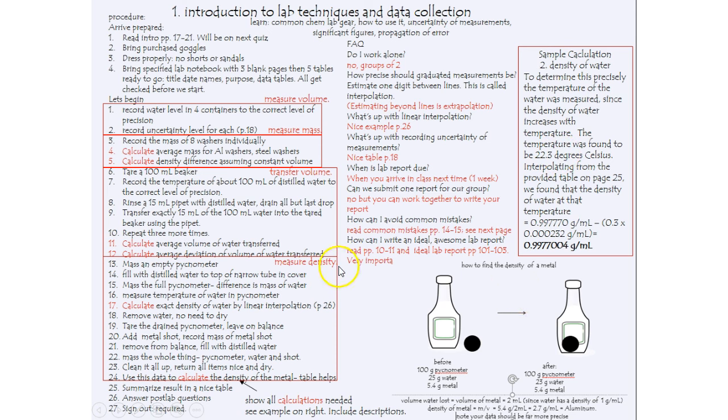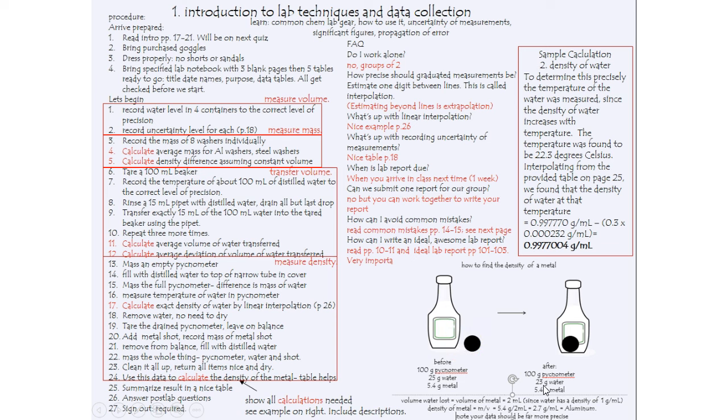One other thing, if the density of a metal as determined using the pycnometer is not making sense to you visually, this little visualization right here should help. Here's what you have before. Here's what you have after. The volume of the water that was lost through adding the piece of metal, they call it the metal shot, must be, in this case, 2 milliliters, since water has a density of 1 gram per mL, and it went from 25 to 23.